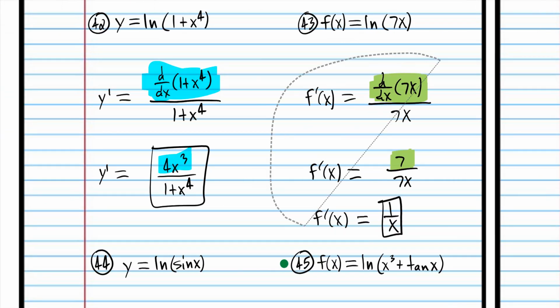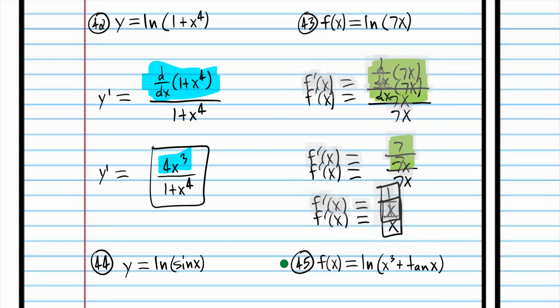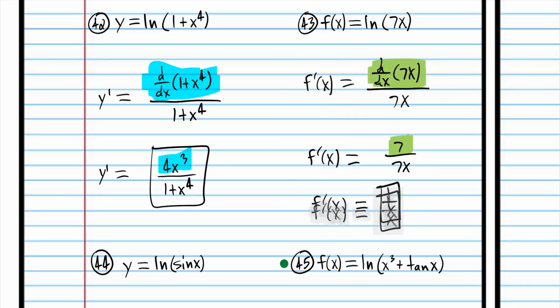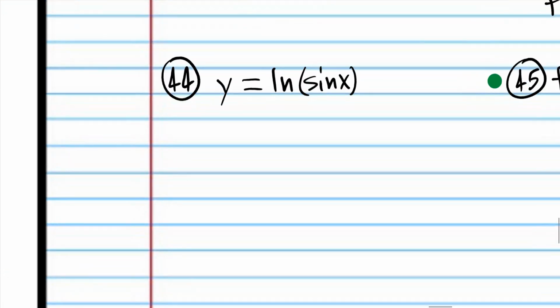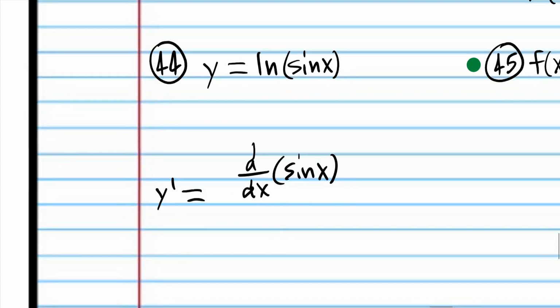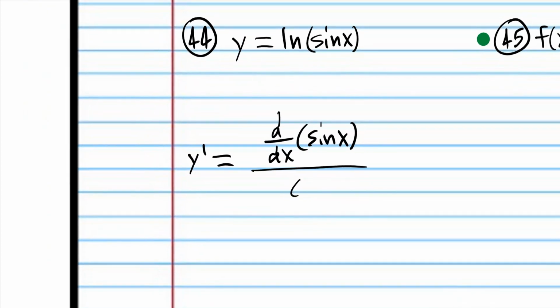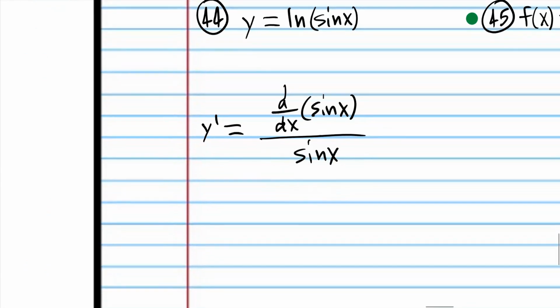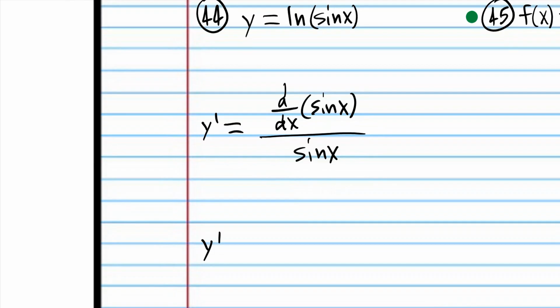So let's try one more of these types of problems before you try one on your own. y prime is equal to the derivative of the inside function divided by the inside function. The derivative of the inside function is cosine x.